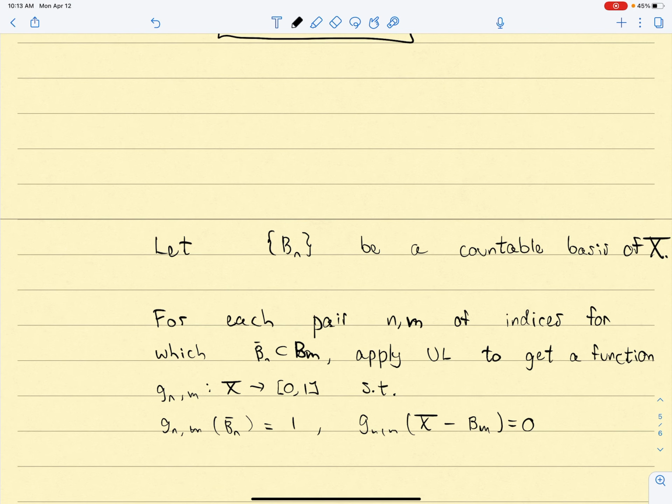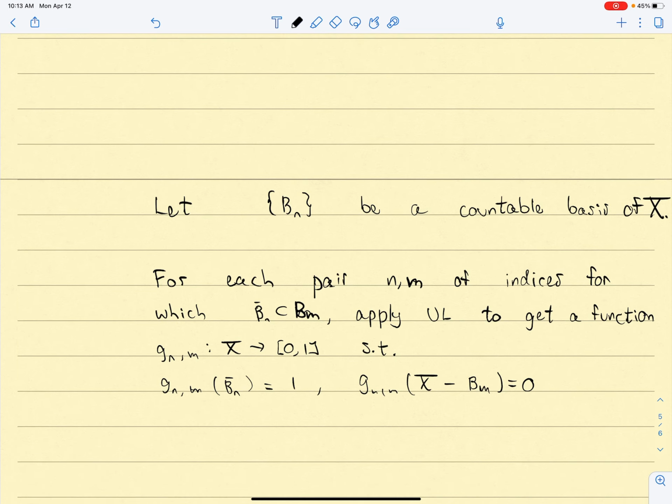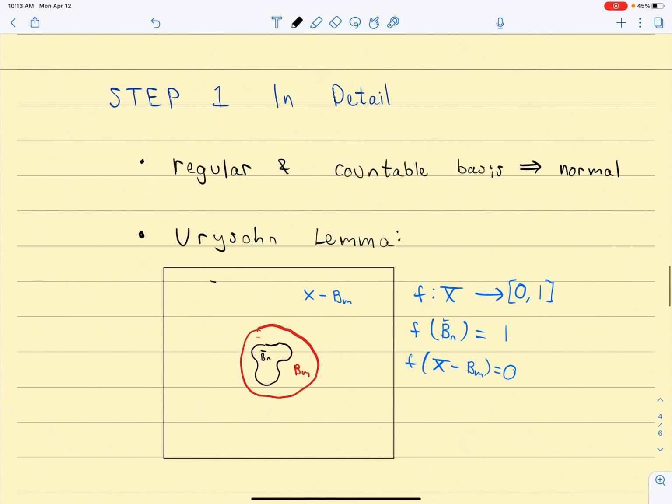For each pair of indices n and m for which the closure of Bn is a subset of Bm, we apply the Urysohn lemma to get a function g sub n,m from X to the closed interval [0, 1], such that the function applied to the closure of Bn is 1, and the function applied to X take away B sub m is 0, following this result of the Urysohn lemma.